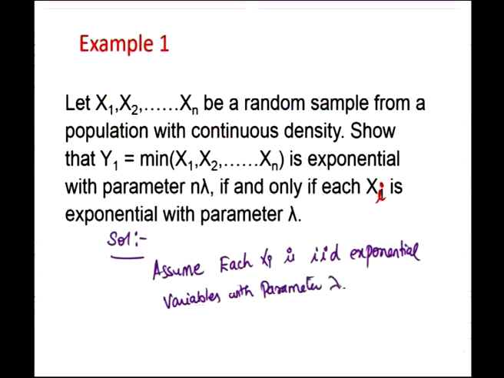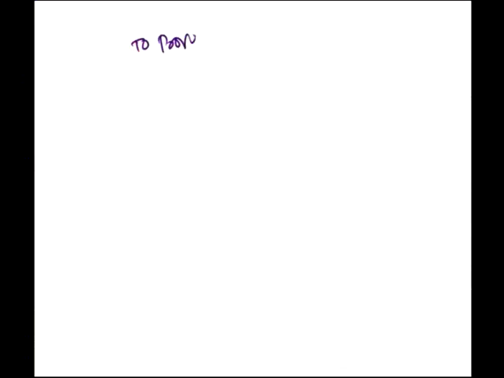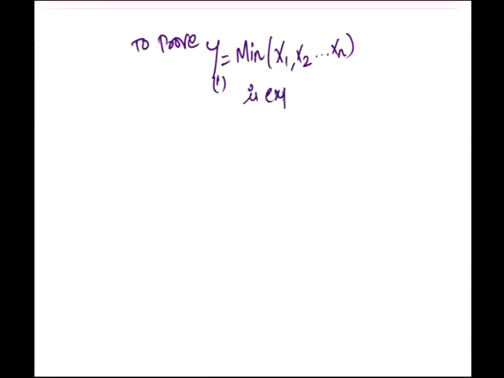Then to prove: y1 equal to minimum of x1, x2 up to xn, the order statistic y1, is exponential with parameter n lambda. Okay. So, first of all take xi.